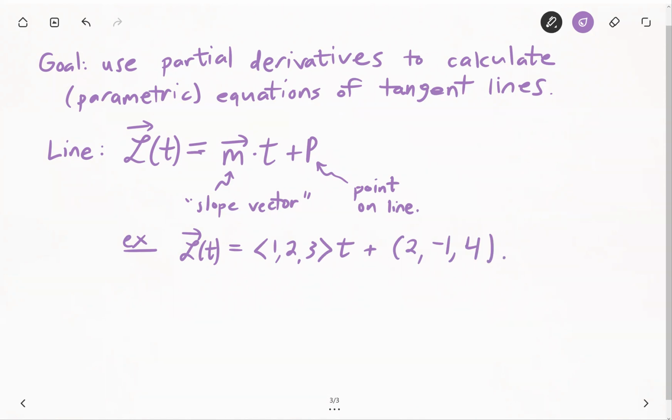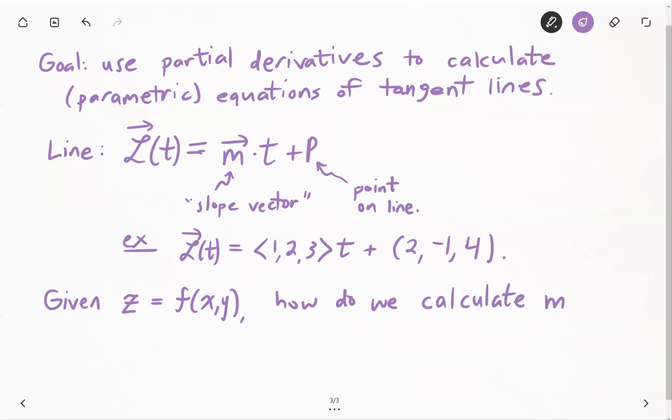Now, how do we calculate the slope vector if we start off with a multivariable function? Right, so given z is a function of x and y, the big question is, how do we calculate the value of m at a given point?